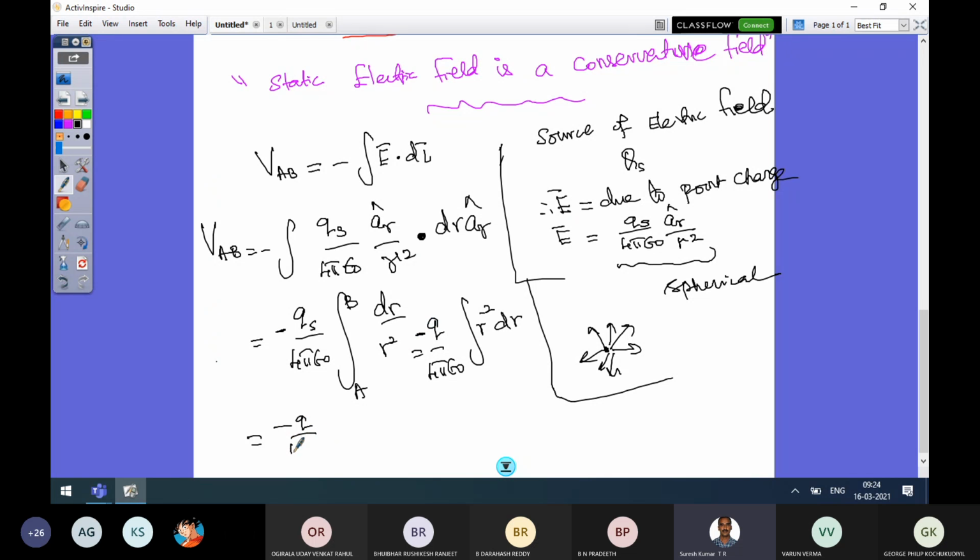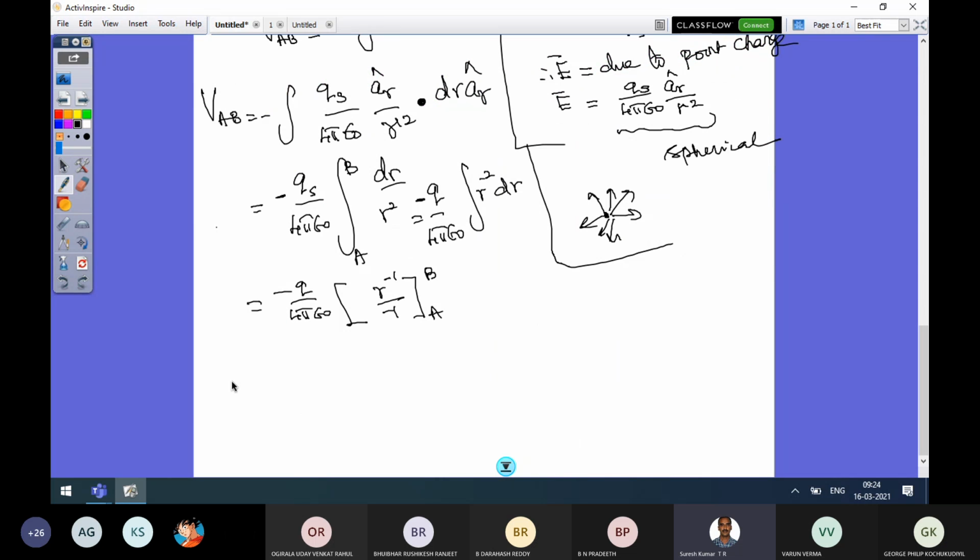So minus q over 4 pi epsilon naught, integral r power minus 2 into dr will be r power minus 2 plus 1, okay, r power minus 1 over minus 1 from a to b. So this minus minus will get cancelled. You will get qs over 4 pi epsilon naught times 1 over rb minus 1 over ra.